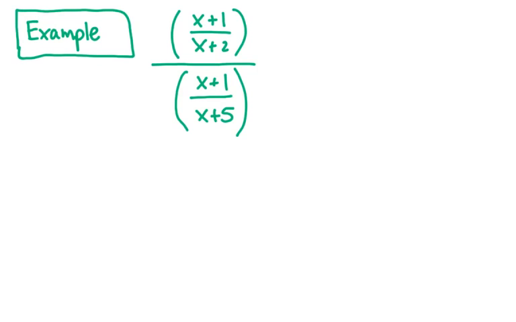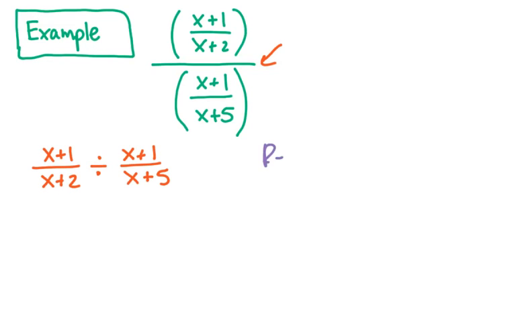For the next example, we're going to do the same thing. So I'm going to take that long fraction bar and just turn it into a division symbol, since they mean the same thing, and then it's just less scary for me. So divided by x plus 1 over x plus 5. I'm going to write my restrictions.